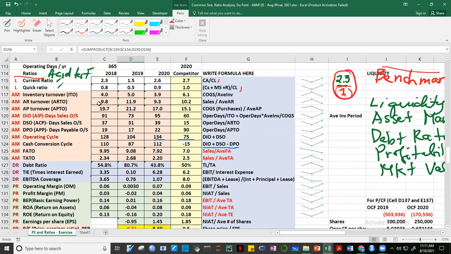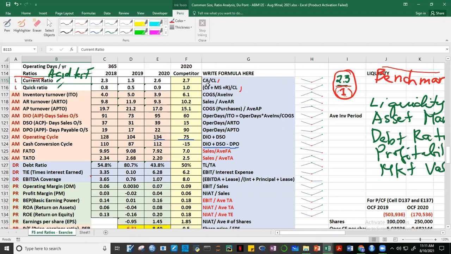For liquidity, we said that it measures the capability of the firm to pay its current obligations when they fall due. One loose measure is the current ratio because it makes use of current assets. However, it's not enough to just look at current assets because we need to look at the quality of the current assets.